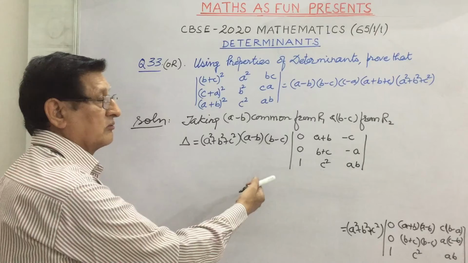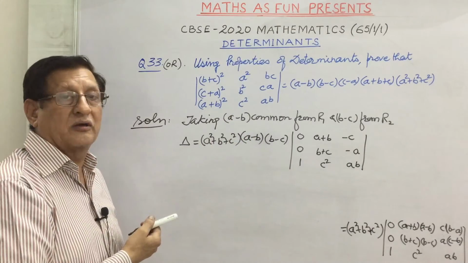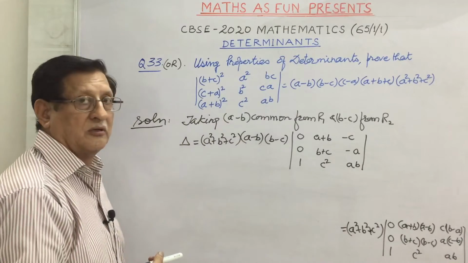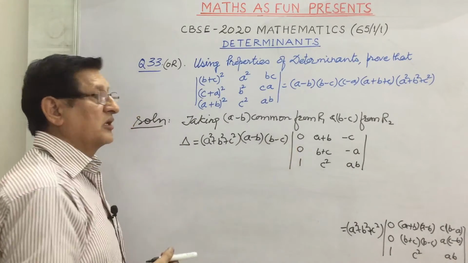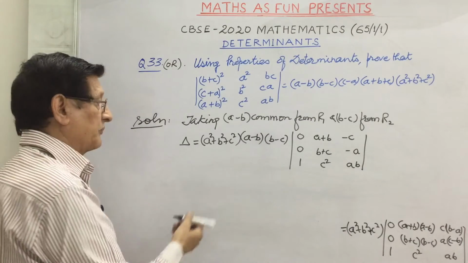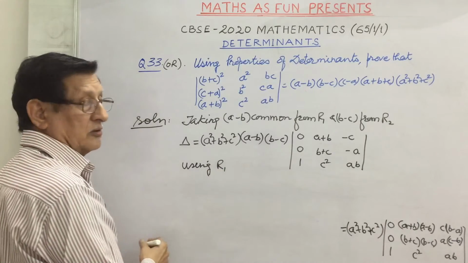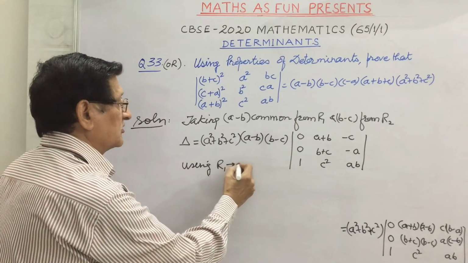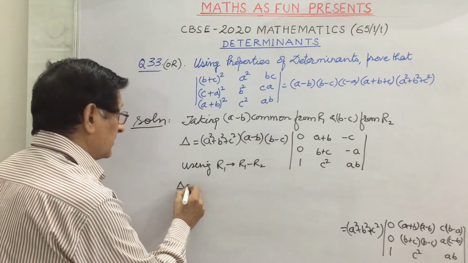What we can do now, in case you want to use one more property here to take some more factor common, we can use R1 minus R2 again. See what happens. In row 1 we are using the property R1 minus R2. What we get as delta?